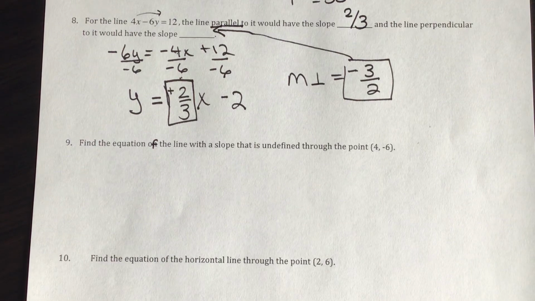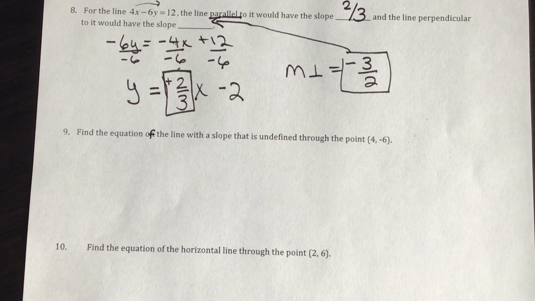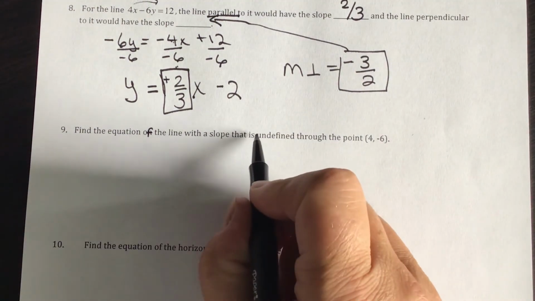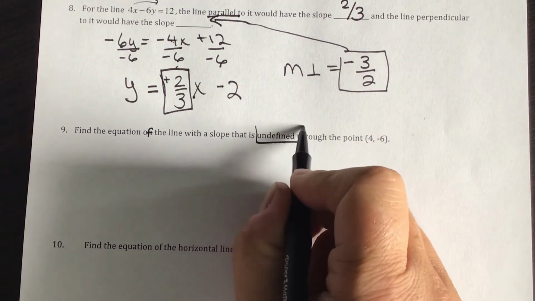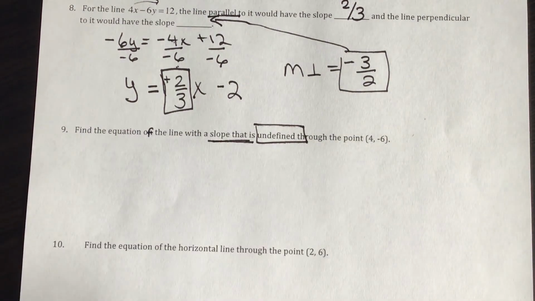Number 9 says find the equation of the line with the slope that is undefined through the point 4, negative 6. So we're going to think about a line that has a slope that's undefined.